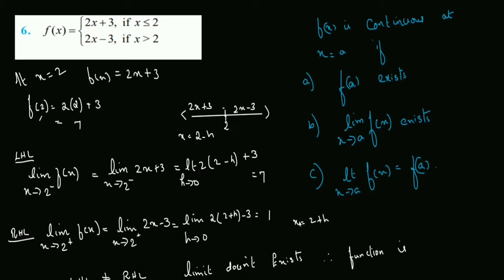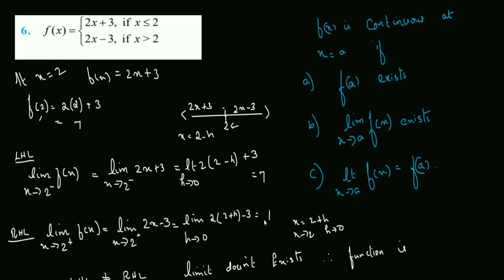So when x approaches 2, h will tend to 0. So 2 into (2 plus h) minus 3. When you put h as 0, it will become 4 minus 3, that is equal to 1.